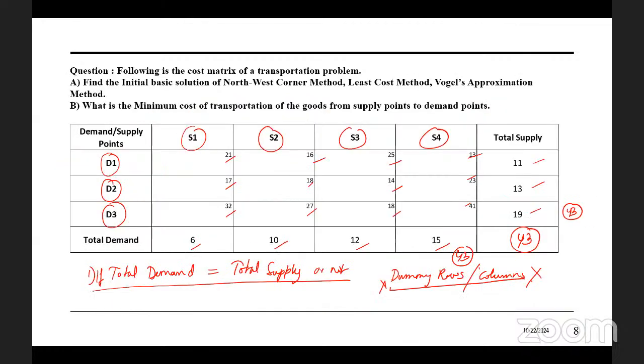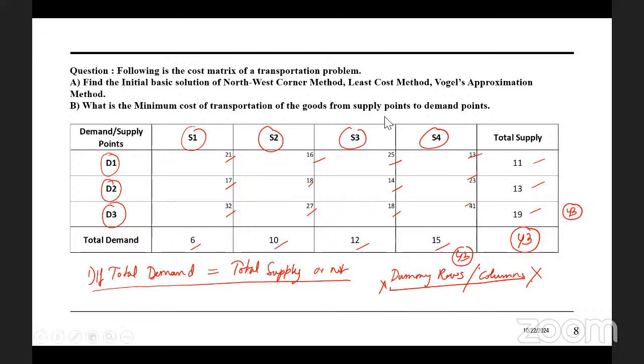Then we had a discussion about how to find the least cost of transportation from a cost matrix of a transportation problem, where the demand points and the supply points and the demand and the supplies are given, and the costs are also given. So from this, we first find out the initial basic solution using the northwest corner method, the least cost method, or Vogel's approximation method. And then by finding out the individual values of Zj of each of the cells, we find whether the initial basic solution is feasible and optimal or not.